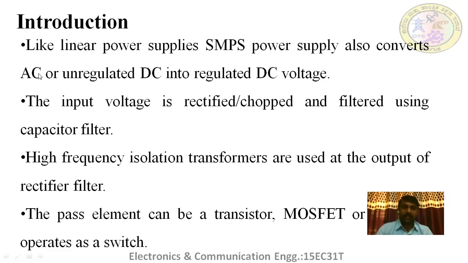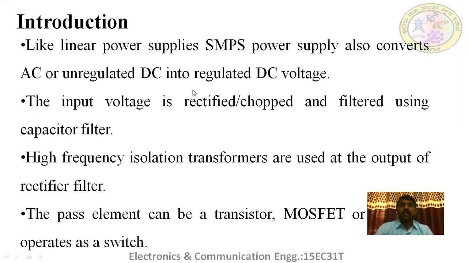That is, if the input is AC, that is converted to pulsating DC or unregulated DC. Chopped, in the sense, it is nothing but converting the DC into pulsed voltage, filtered by removing the ripples with the help of capacitor filters.